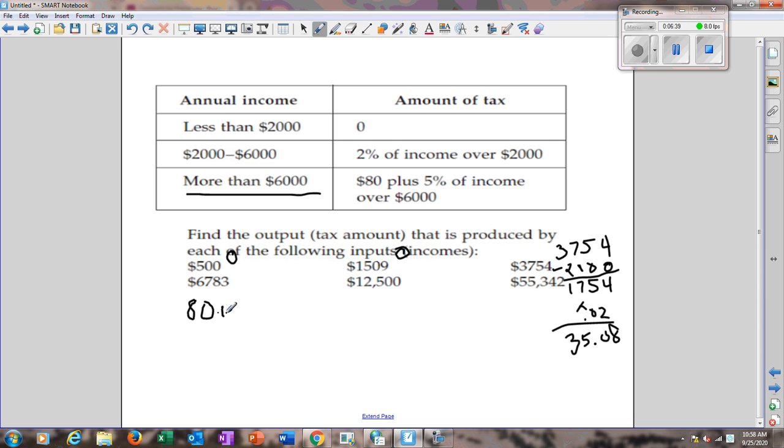So it's going to be plus 0.05 times 783. Plug that in the calculator. 0.05 times 783 plus 80 gives us 119.15, and that's our final answer for that one.